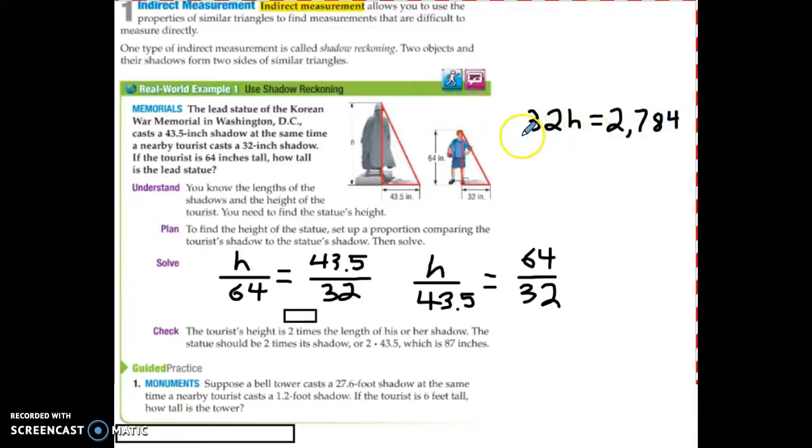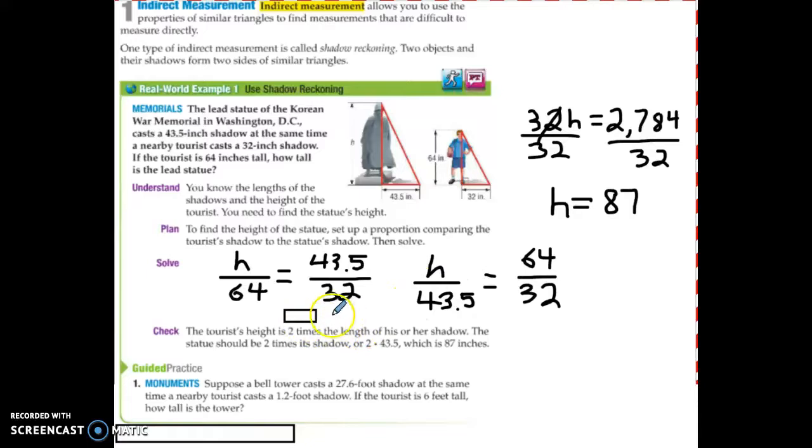Then to solve this equation, I divide both sides by 32, and I get h equals 87. If I did the shorter method, or saw this pattern, I would say double that, and I'm going to get 87.